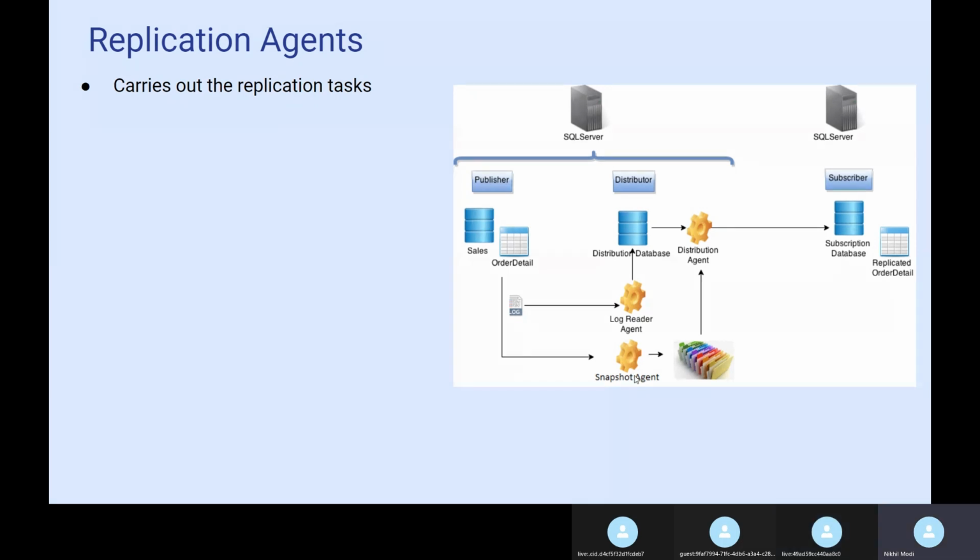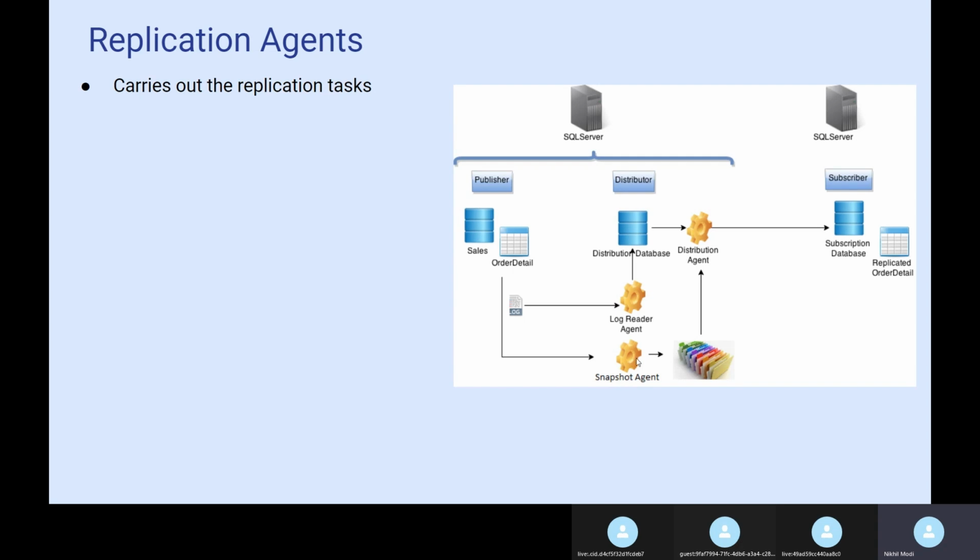See, whenever we talk about replication, these are all the agents who are doing the work. There are different agents for doing different work here. Agents are nothing but background SQL Agent jobs. There are jobs created for each of the agents, and the jobs are either running continuously or running at periodic intervals.